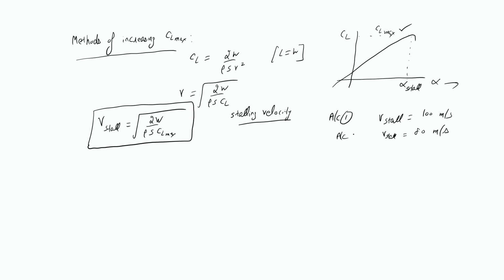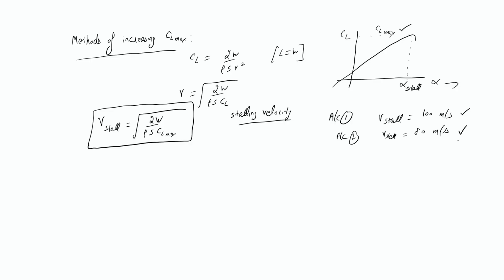My question to the students would be, as an aircraft designer, which one will you prefer? The one with the lowest stall velocity or the one with the highest stall velocity?